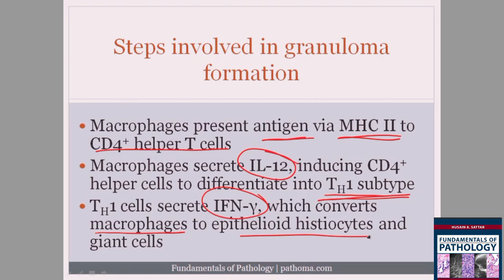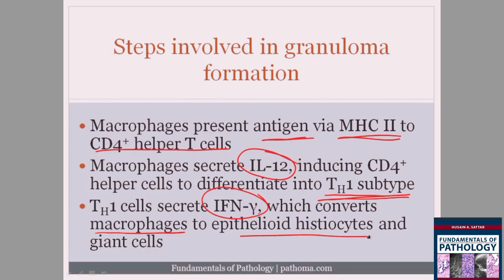The helper T cells bind the antigen. Once that first binding occurs, the macrophages then dump IL-12 on the CD4 positive T cells, which converts them to a Th1 subtype. The Th1 helper cells then secrete interferon gamma, which then converts the macrophages to epithelioid histiocytes. So you have to know IL-12 from the macrophages, and you have to know interferon gamma from the Th1 helper T cells. So that should be clear.